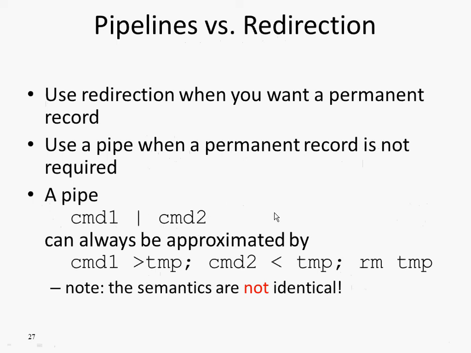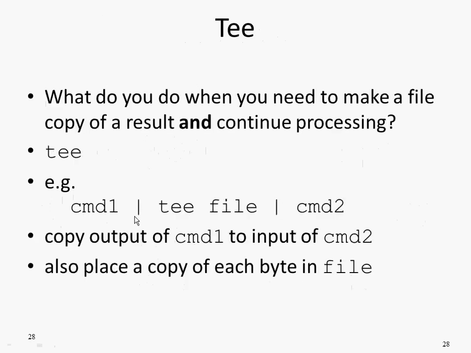T. I spoke about T very briefly in the class, but I want to emphasize this. What's this T thing? What's going on here? Okay, so command 1 is running. T takes as its standard input the standard output from command 1.